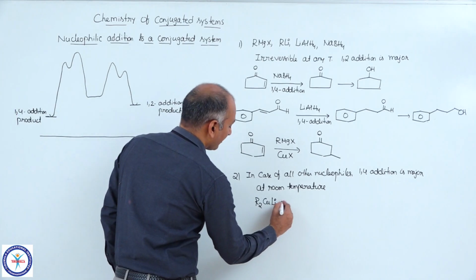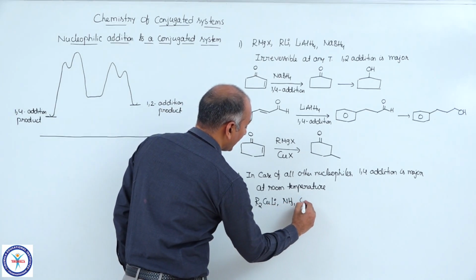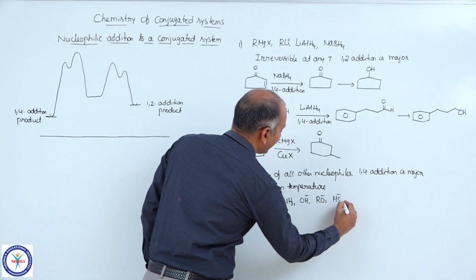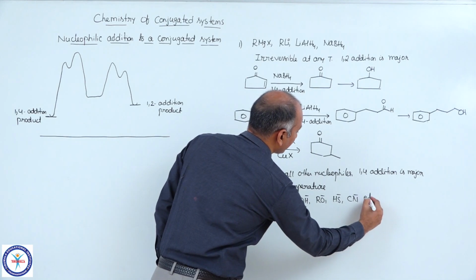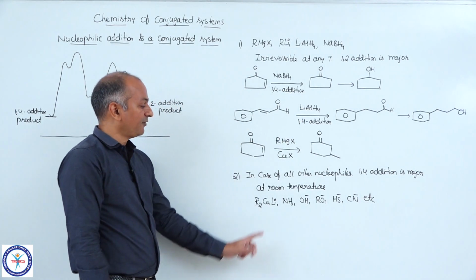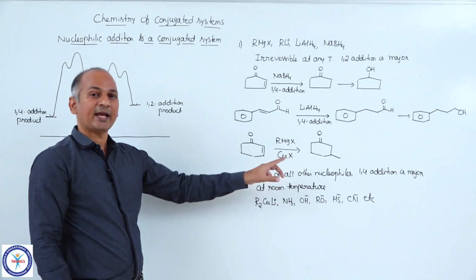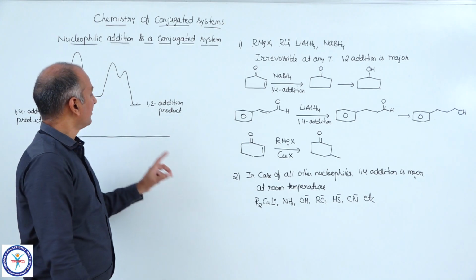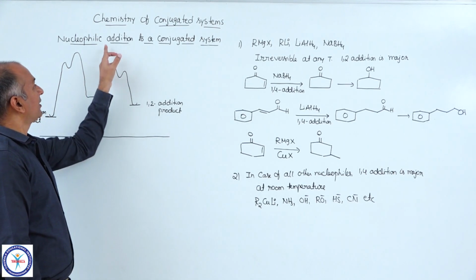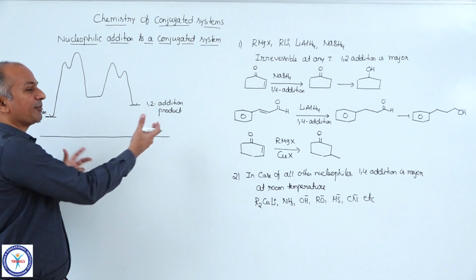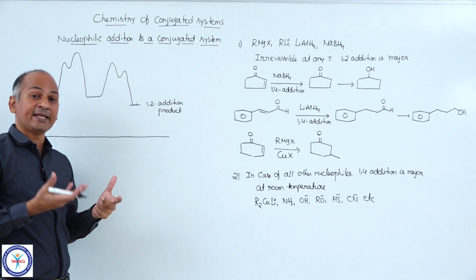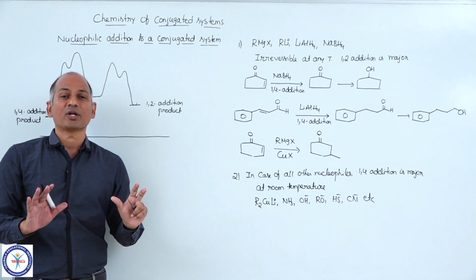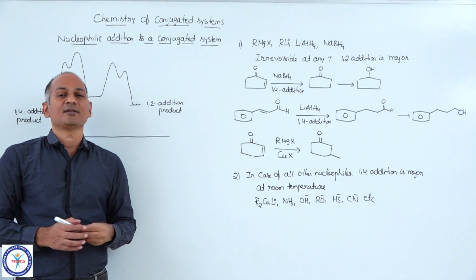Then we have ammonia, OH minus, RO minus, HS minus, CN minus, etc. In all other cases, we will get 1,4 addition at room temperature. So keep these points in mind, and this is the energy profile for this particular reaction. Which product is more stable, and which path involves higher or lesser activation energy, whatever may be the case. So this is all about nucleophilic addition to conjugated systems.